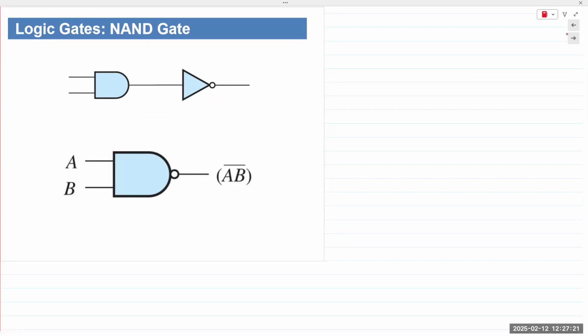Then the combined output is A and B NOT. The way we would pronounce this is A and B NOT. The output of a NAND gate is A and B NOT.